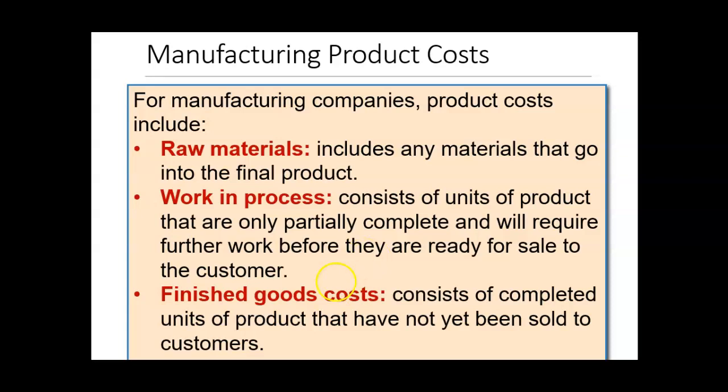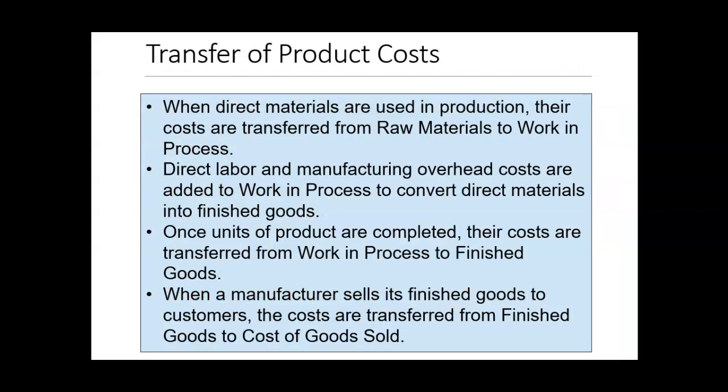So from a transfer of product costs, we begin with direct materials. They go from raw materials over to work in process. The same is true for our direct labor and the overhead costs.